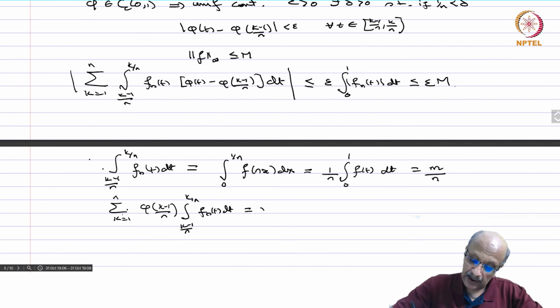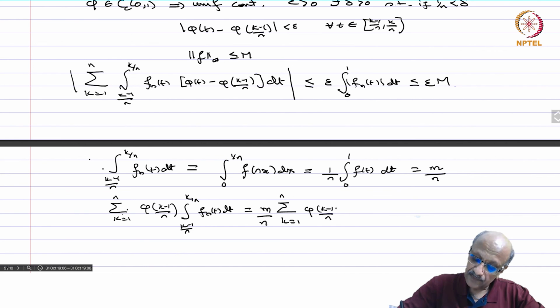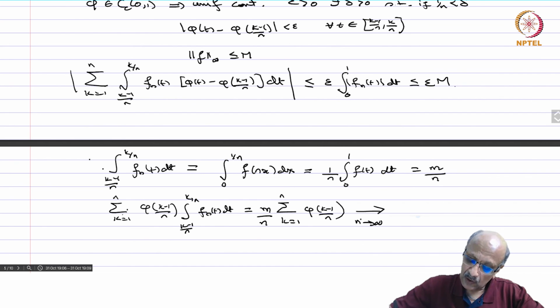So this is equal to M times (1/n) times the sum over k equals 1 to n of phi((k-1)/n). Now as n tends to infinity, this is nothing but the Riemann sum. The 1/n are the lengths of each of these intervals, where I am taking the value at the lowest point, and phi is a continuous function, so it should converge to M times the integral from 0 to 1 of phi(x) dx.